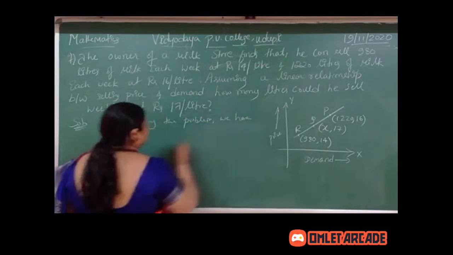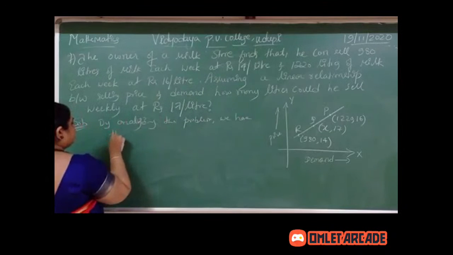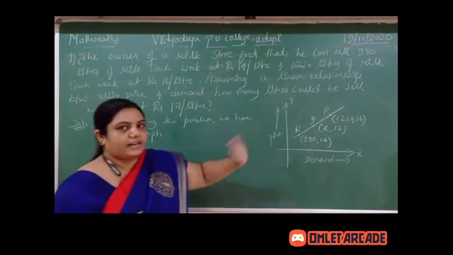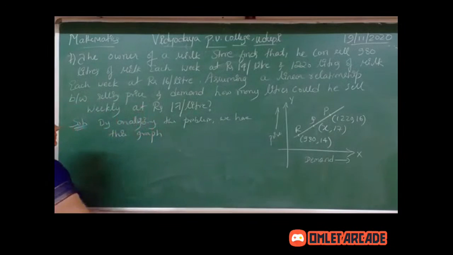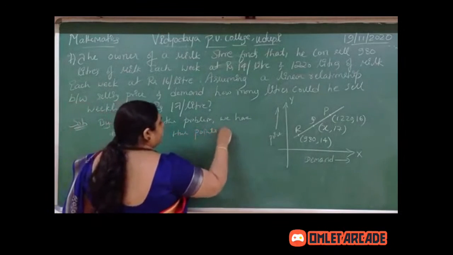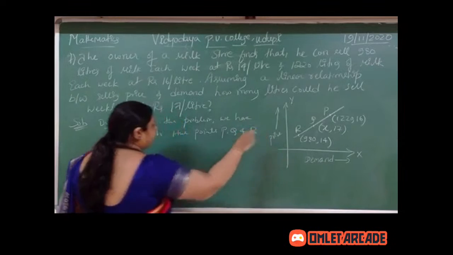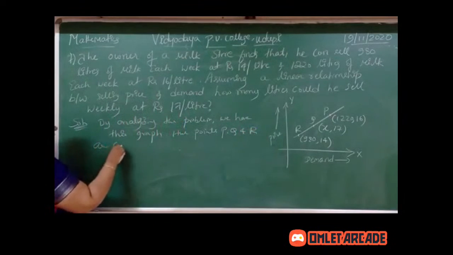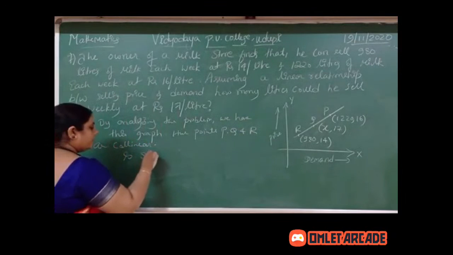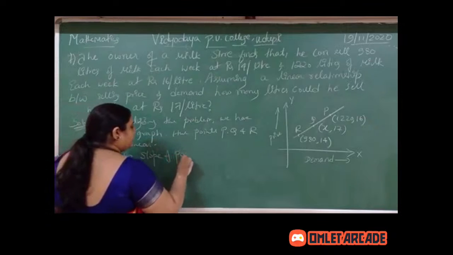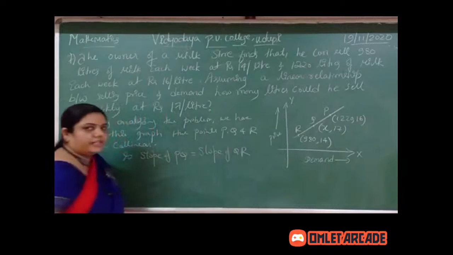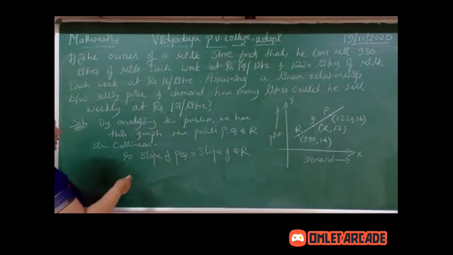We have this graph. See, by analyzing the problem, we have this graph. Here, points P, Q and R are collinear. So can I write slope of PQ is equal to slope of QR? Can I use this condition? So use it.